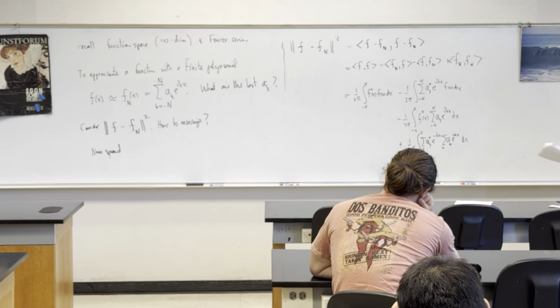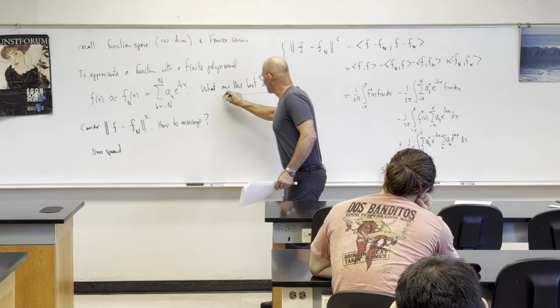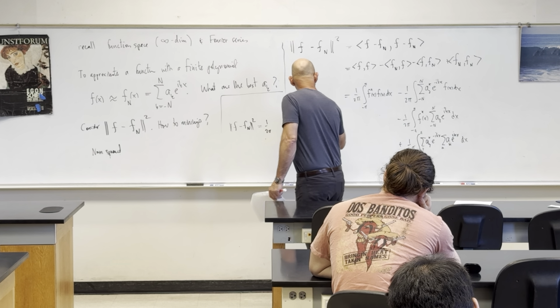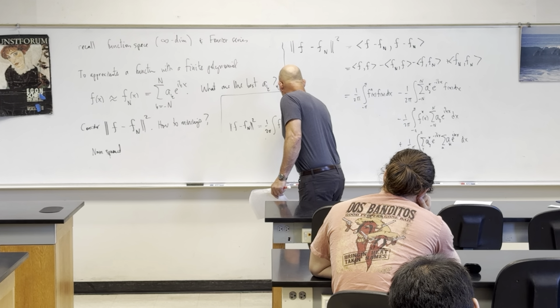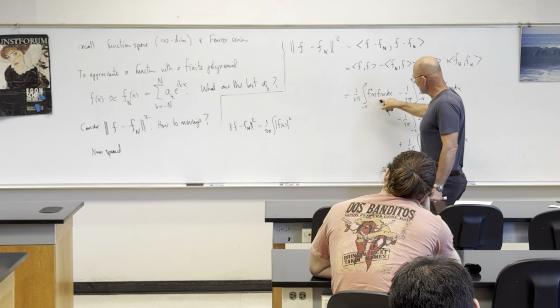So what happens with each of these? We've got the f minus f n. This one here is just 1 over 2 pi, integral of the magnitude of f of x squared dx from minus pi to pi. Then we have these two minus ones.